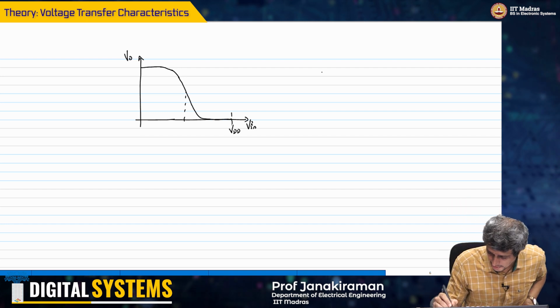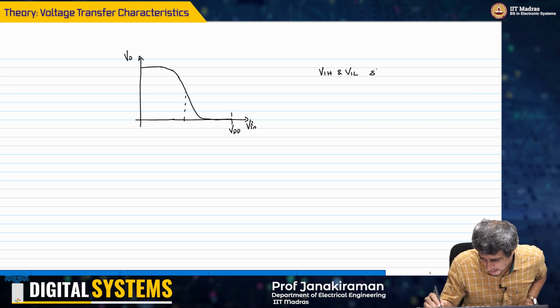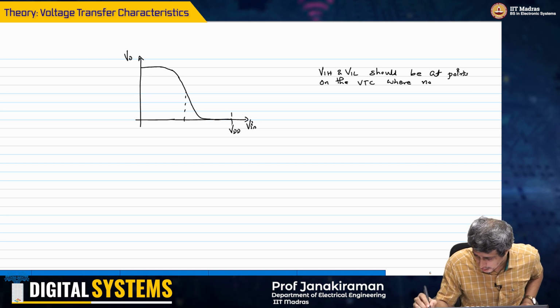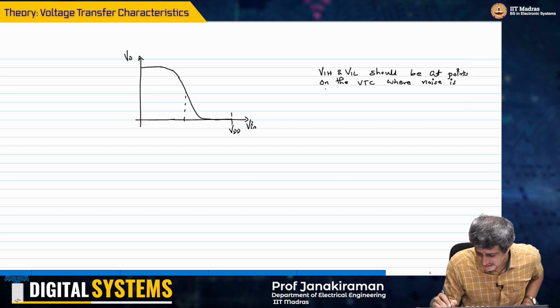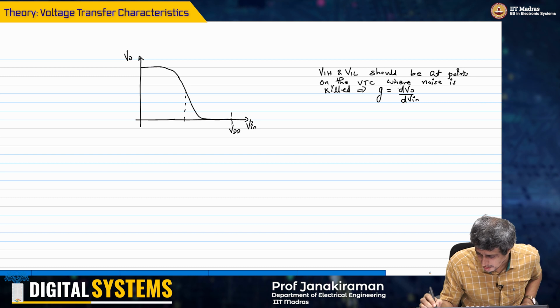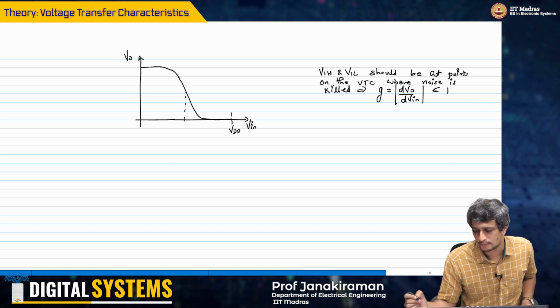So VIH and VIL should be at points on the VTC where noise is suppressed or killed, which implies the gain, which is the derivative, should be less than 1.